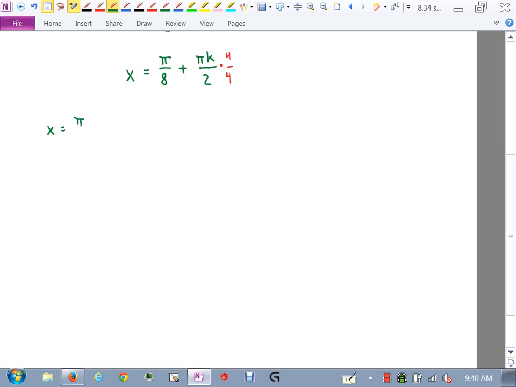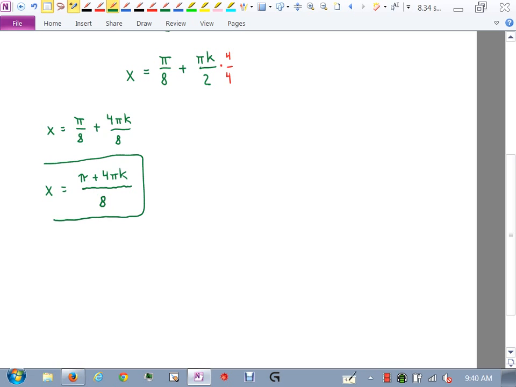Pi over 8 plus 4 pi k over 8. And then put those together. X must be pi plus 4 pi k over 8.